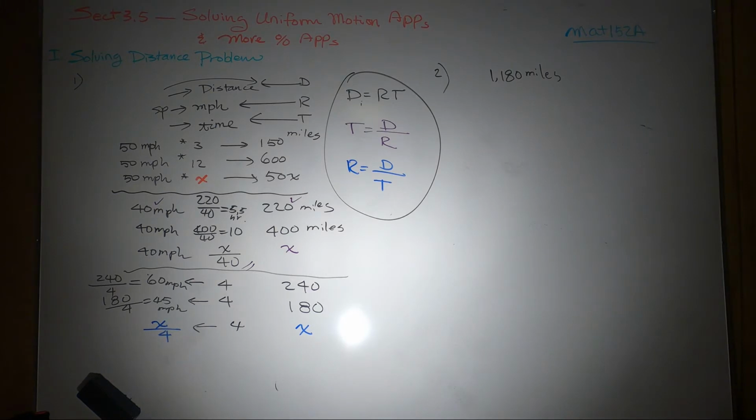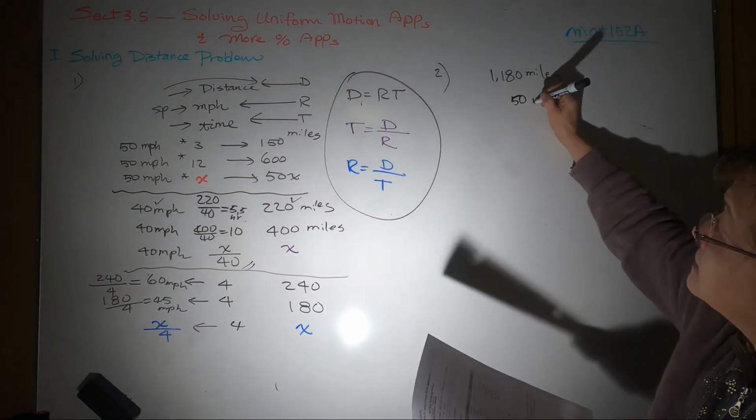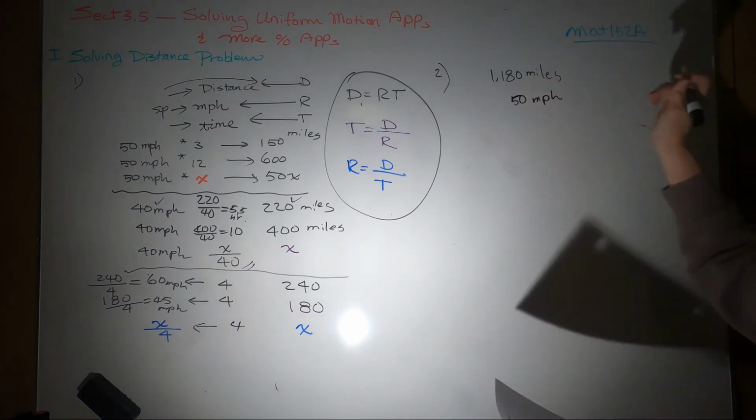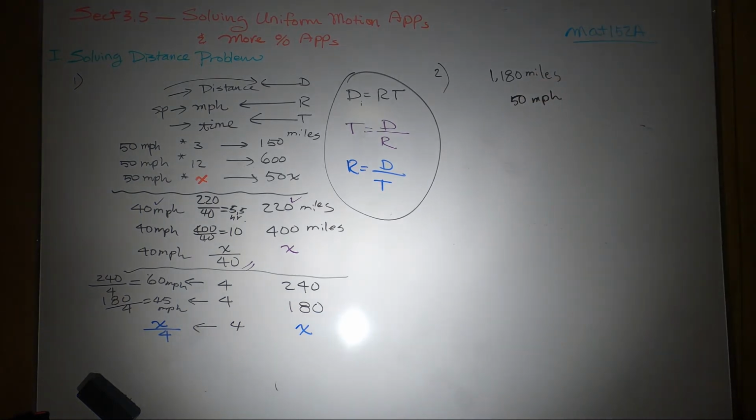To make things worse, they only averaged a rate of 50 miles per hour. Then they have to suffer through 1,180 miles. How long do they have to suffer, right?